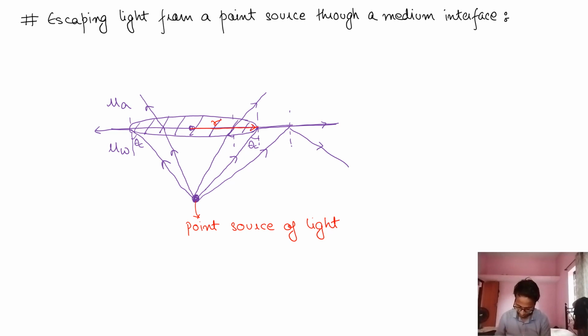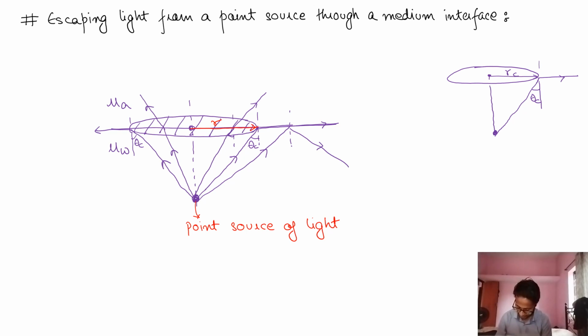Can I draw a straight line out here? So this angle is theta c. I'm making my diagram neat and clean. To find out the radius of the circle through which the light escapes, this is the point source of light, and this is the critical angle, because any ray of light beyond the critical angle will not escape.